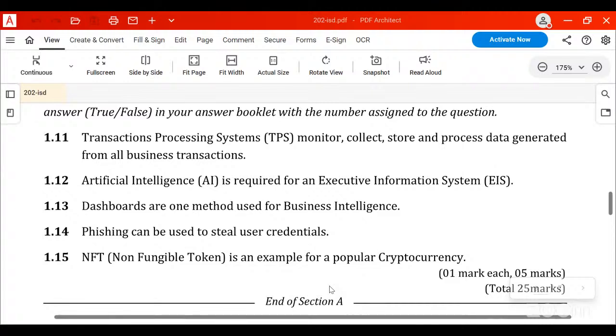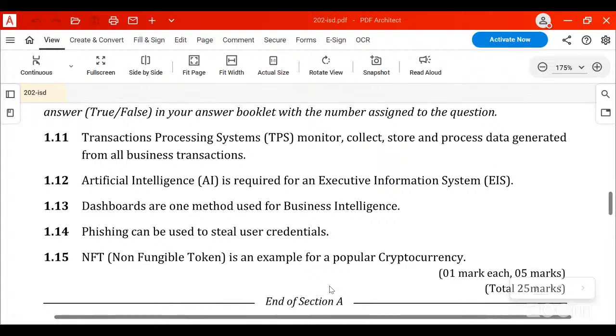That is true. Phishing can, right? Now, NFT is not a cryptocurrency, right? NFT, known as a non-fungible token, is not a cryptocurrency, but rather a unique digital asset that is stored in a blockchain, right?